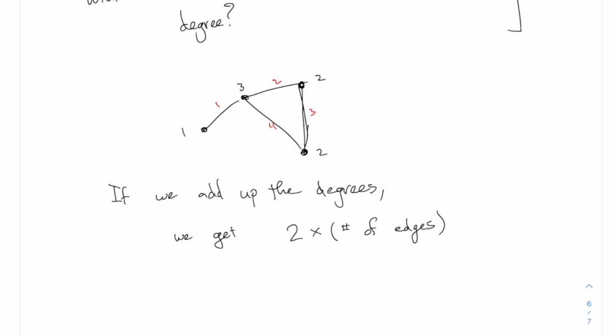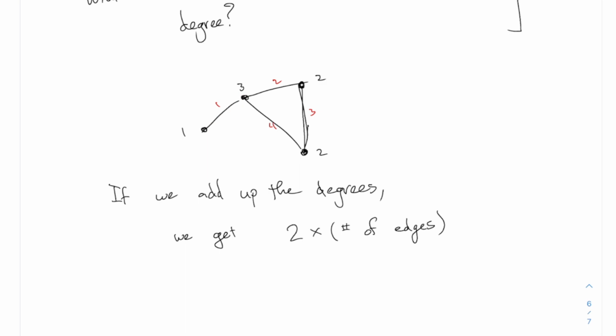The total sum of the degrees is related to the number of edges. Remember, the degree is how many times an edge touches each vertex. The relationship is something like this: every edge has 2 ends to it, right?